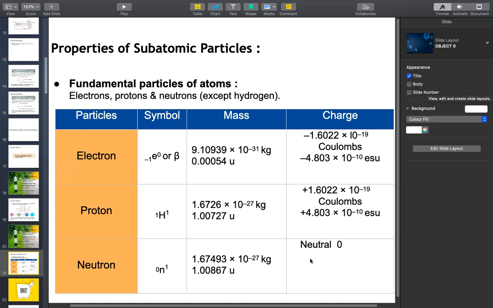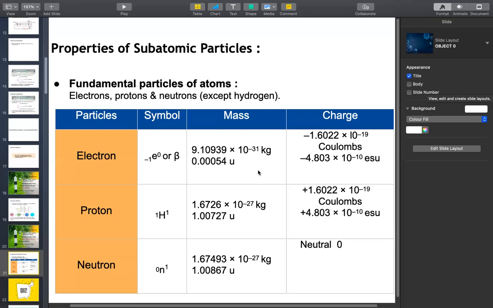So should we take down all, or can we just write 9.1 into 10 to the power minus 31? 9.1 is fine. No need to write in U. Okay, guys, if you want to know in U, just see. We have already discussed this. The gram and U relationship, you know, right? 1 U into 6.022 into 10 to the power 23 is equal to 1 gram.